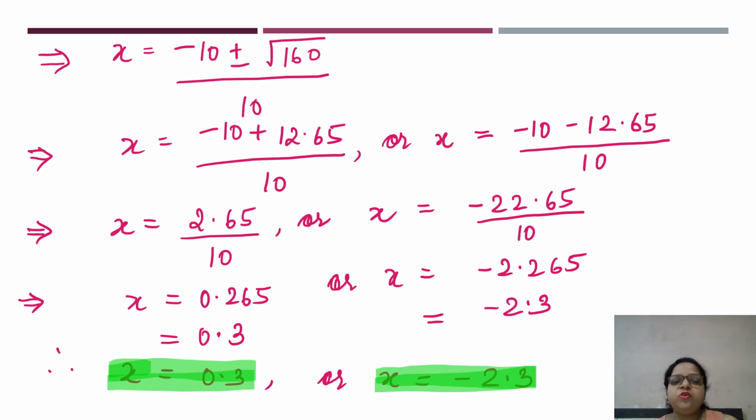Therefore, x is equal to 2.65 upon 10 or x is equal to minus 22.65 upon 10. So we get the answer as x is equal to 0.265 or x is equal to minus 2.265, that is x is equal to 0.3 or x is equal to minus 2.3, correct to one decimal place.